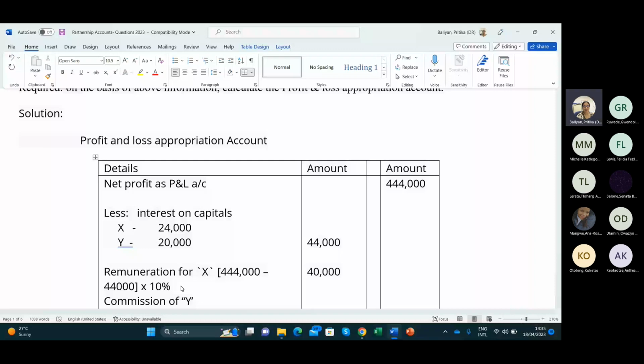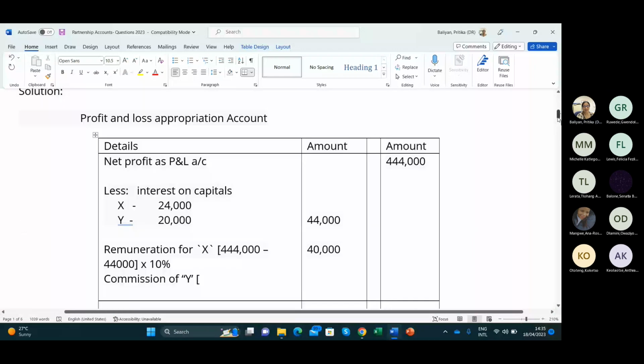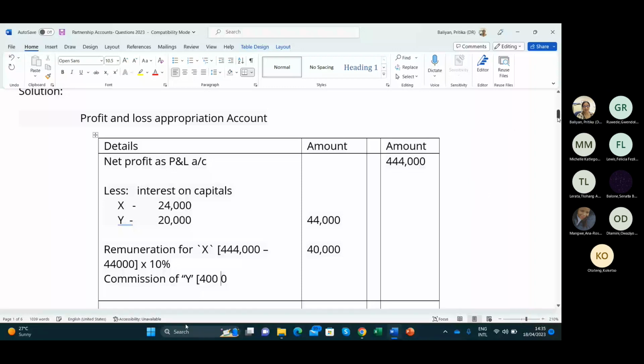360,000. What is the percentage of commission? Commission will be 10%. 36,000. Okay, so you can write like this: 400,000 minus 40,000, then at the rate of 10%.